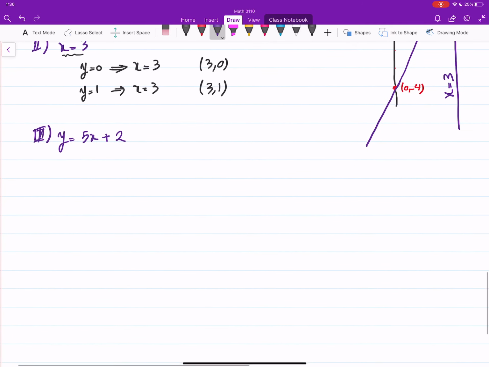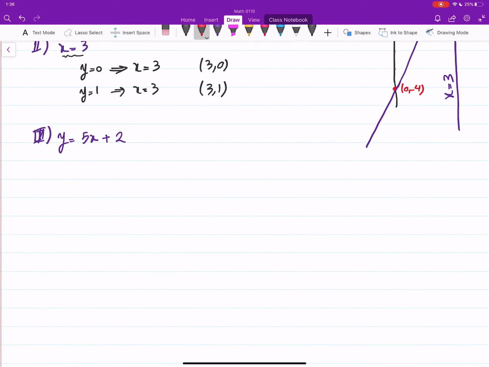Well, before I finish, there are two special cases that we have to study. We have to know them and study in detail later. Special cases. One is if you have an equation like y equals c for some constant c, it means that no matter what you plug in for x, y is equal to c.